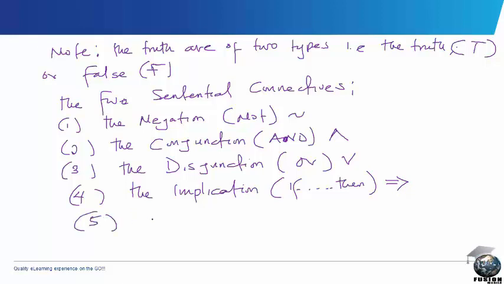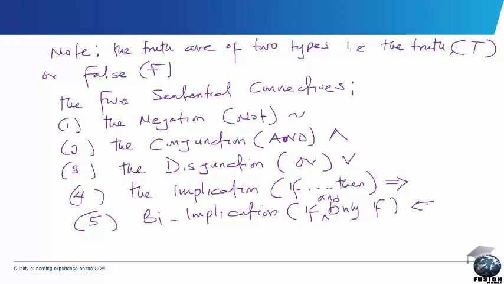And five we have the bi-implication, though it has several names, but I'll use the bi-implication for the purpose of this class, with the statement if and only if. Sorry for the omission. It has the arrow sign with two edges.